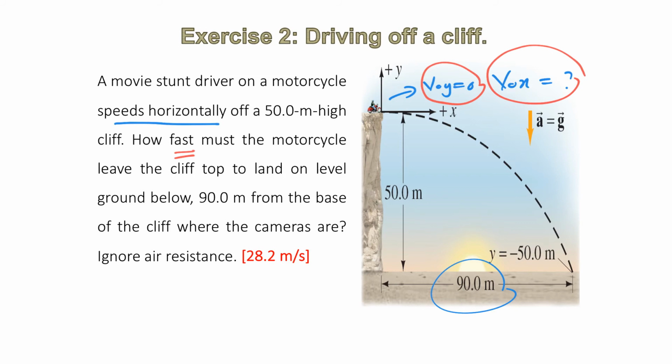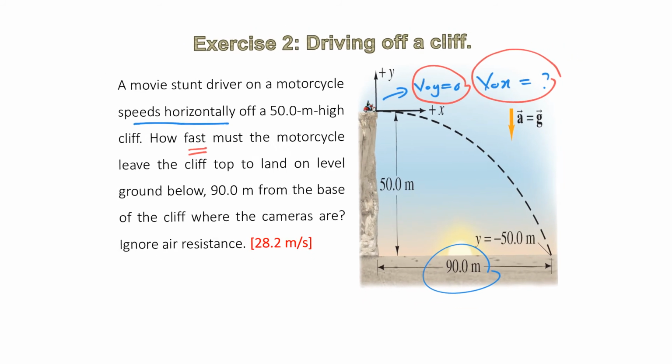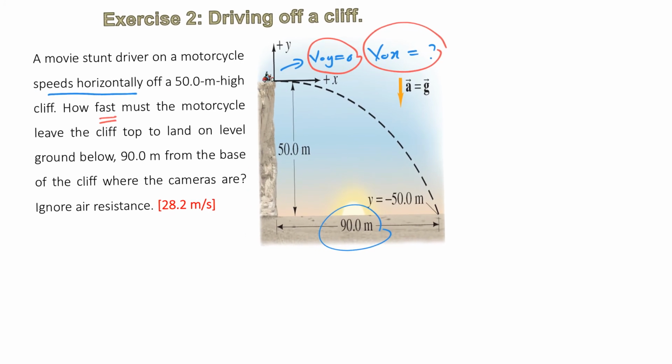For you to find the velocity, definitely you need to find time first, because the question already gives you the height, which is 50 meter. So you are going to use y minus y naught equals v naught y t plus half a t square to find time.